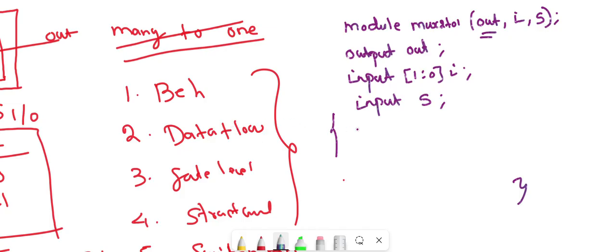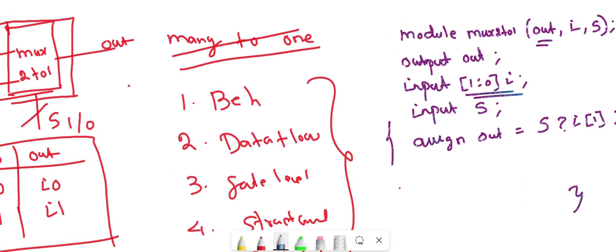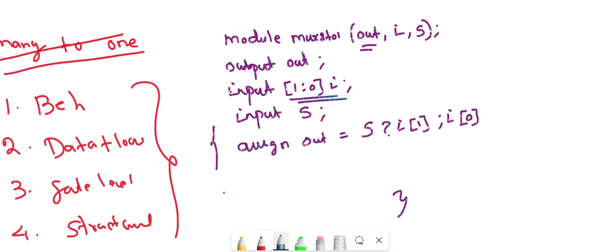So data flow model: straight away you can write assign out equal to if S is true, then you have to transmit I of 1, because with array declaration, to retrieve an individual bit you use I square bracket 1, else I of 0 will be transmitted, as per the 2 to 1 mux truth table.